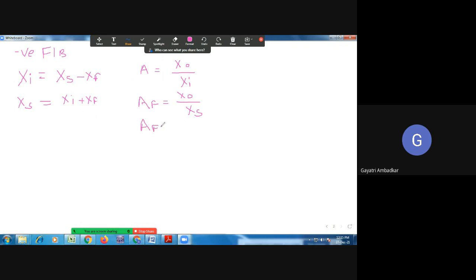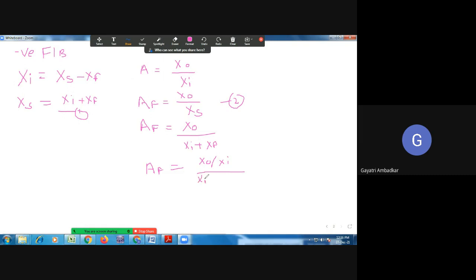Okay. Now what is my feedback gain? In case of negative feedback, it will be XO divided by, let's put the value of XS. Call this 1. Call this 2. So it will be XO upon XI plus XF. Again we will divide every term by XI. All the terms, if they are divided by the same, it will remain unchanged.